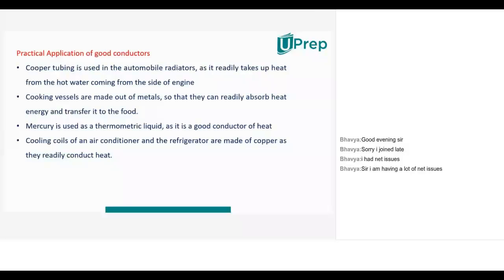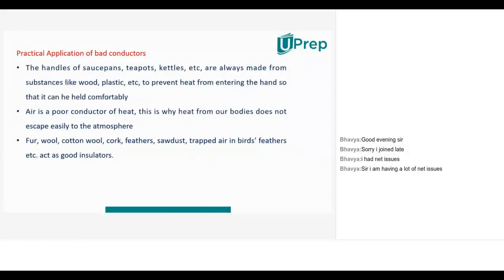So generally, you know that blankets will be there, which we generally use in the winter season. Blankets we use or not? Yes, sir. So blankets will be made with which material? Sir, wool. Very good. So generally they will be made with wool, or sometimes with fur cloth also.